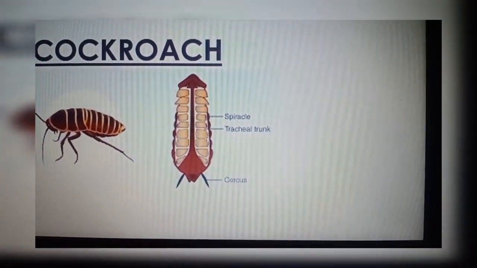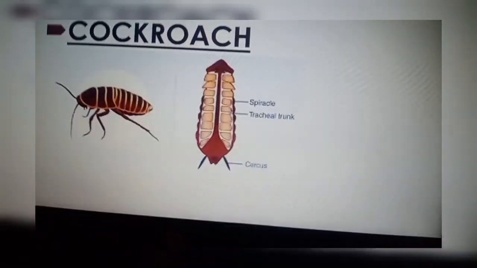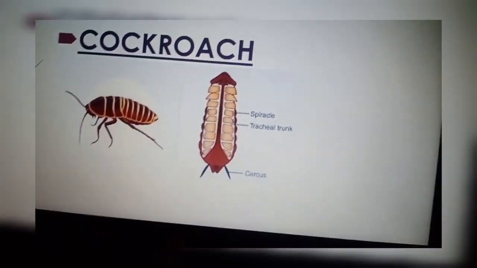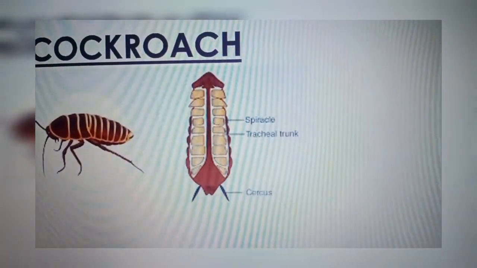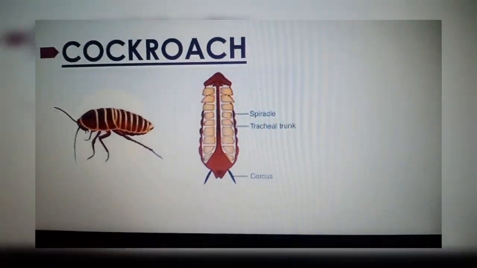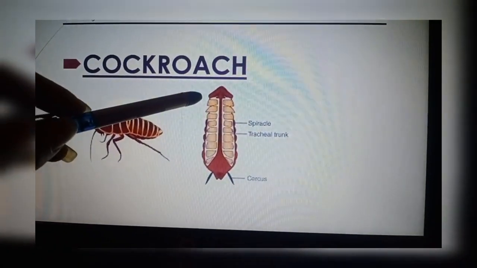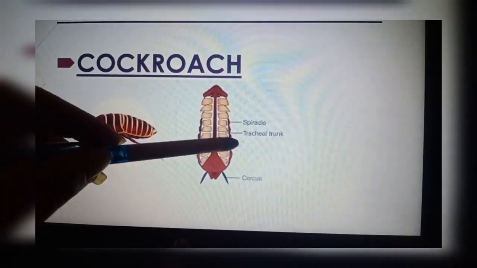Now you can see from this the trachea or the spiracles. The spiracles are the tiny holes present on both sides of its body.